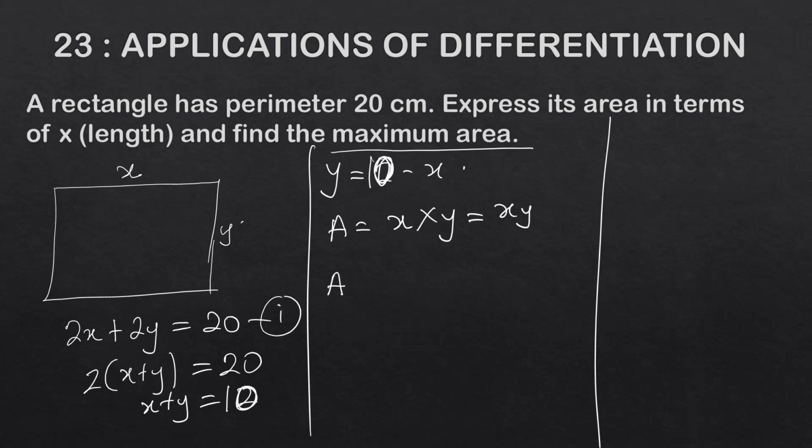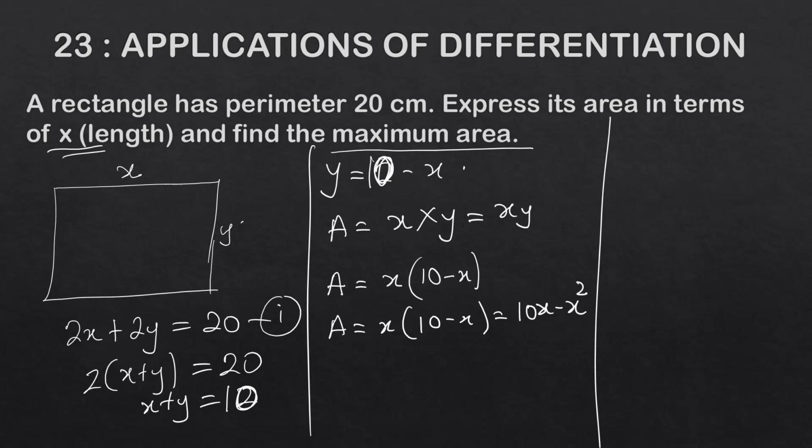Area is x multiplied by y, which is 10 minus x, because it must be in terms of x. They didn't tell us y. I am the one that brought in y, so I have to express this equation in order to eliminate y. So area is given as x bracket 10 minus x. Simply put, this is going to be 10x minus x squared.